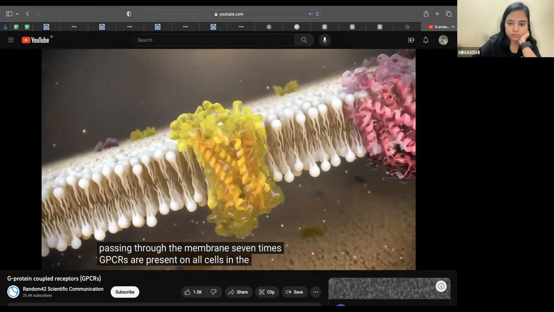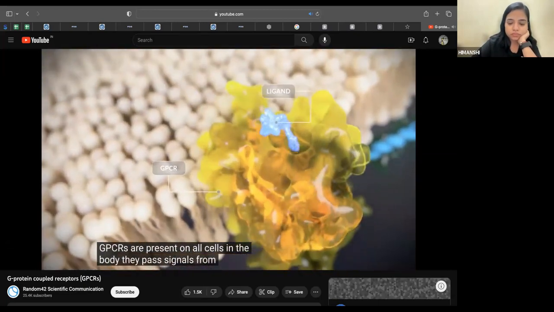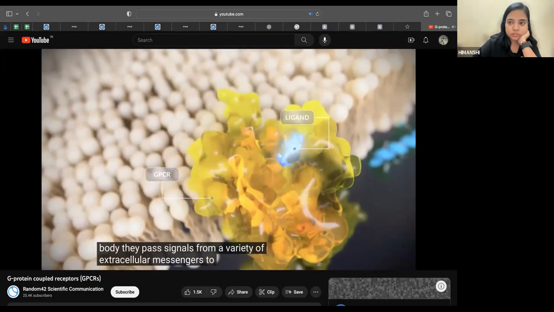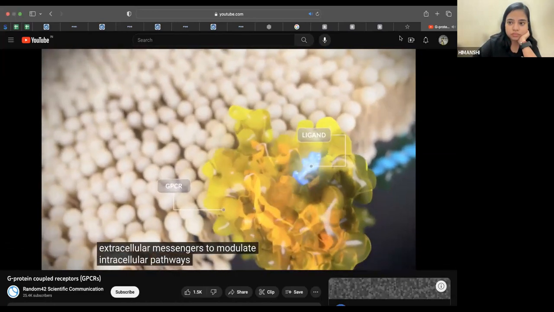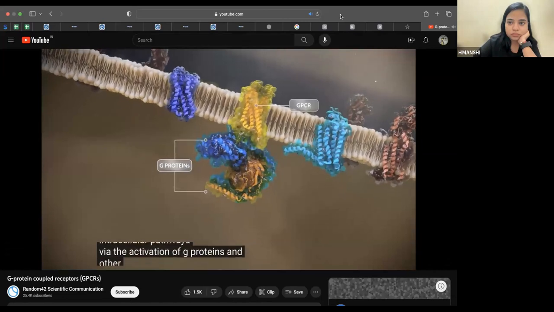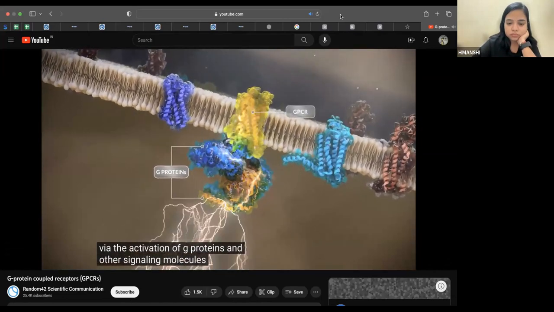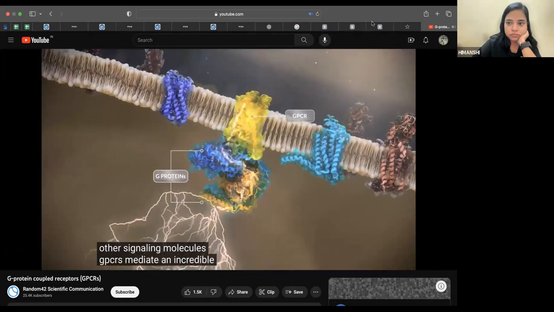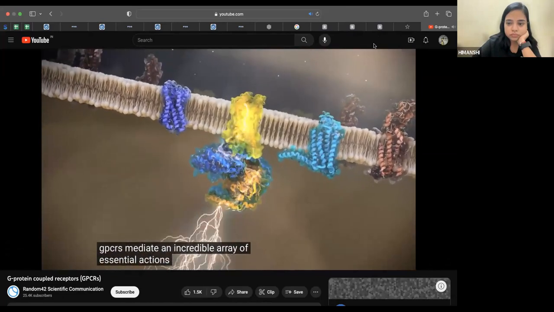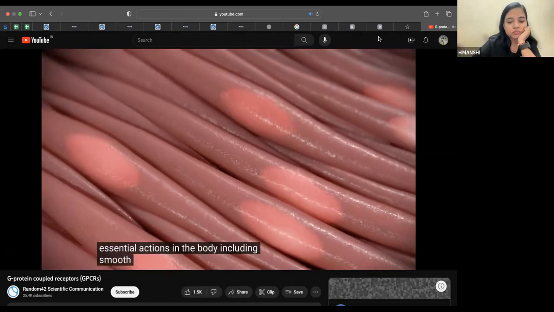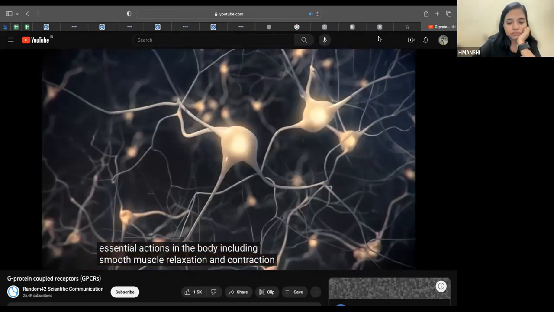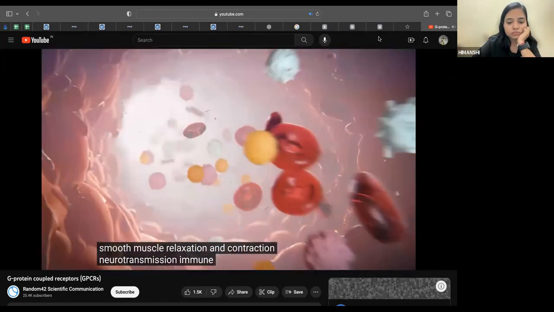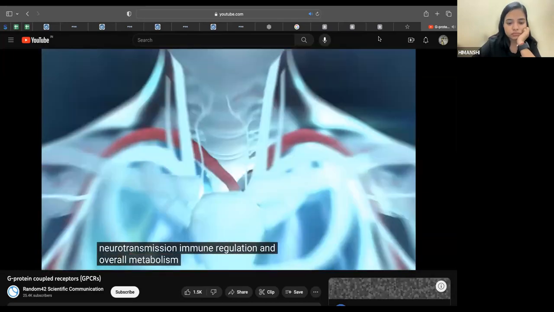They pass signals from a variety of extracellular messengers to modulate intracellular pathways via the activation of G proteins and other molecules. GPCRs mediate an incredible array of essential actions in the body, including smooth motion and contraction, neurotransmission, immune regulation, and overall metabolism, and thus have enormous potential as therapeutic targets for multiple diseases.